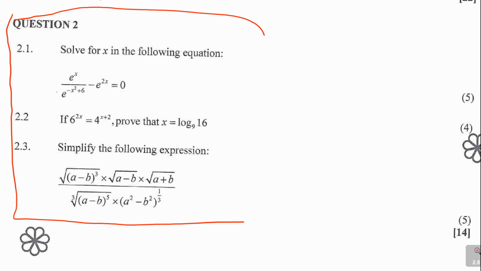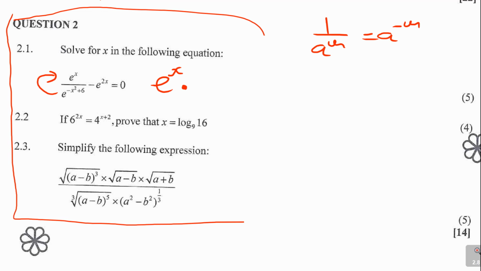You take this e to the top. When you do that, you will have e to the power x. Remember, you're using the laws of exponents: when you are taking it to the top, you're using the law which says 1 over a to the power m is equal to a to the power negative m.